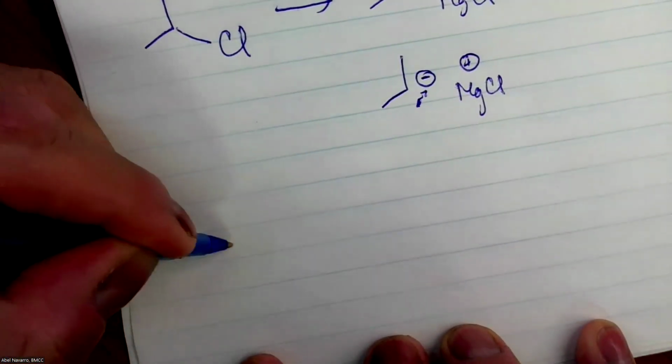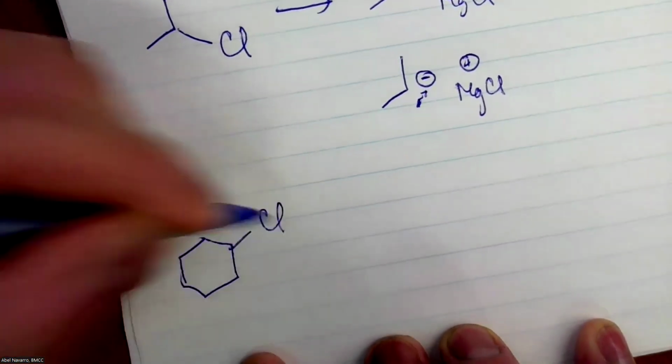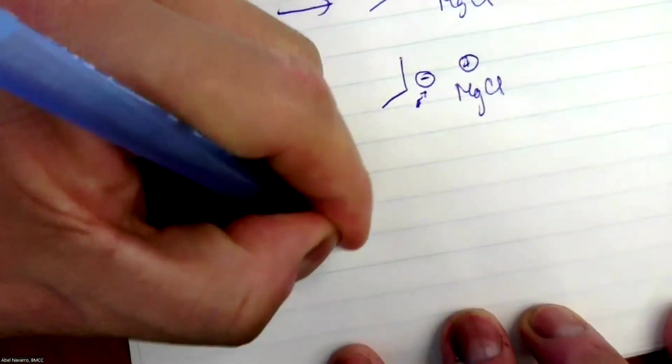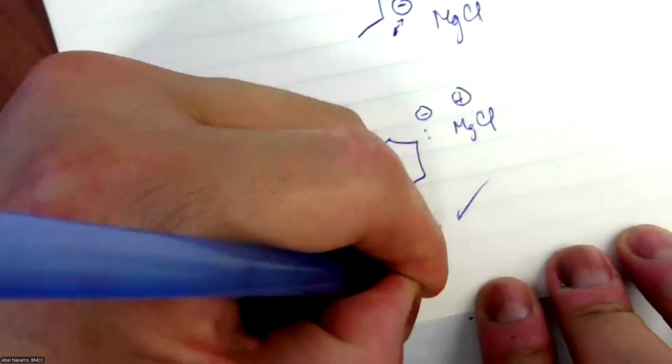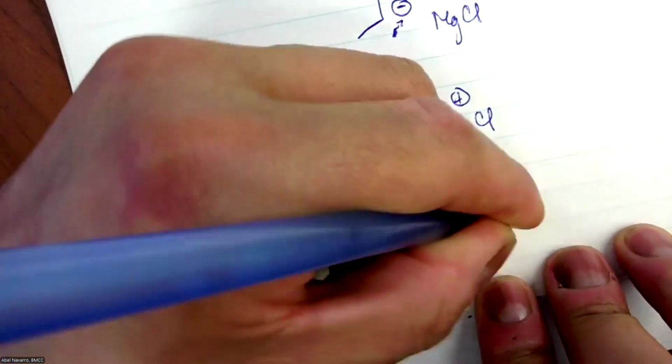It's a carbanion. If you are making cyclohexyl chloride with Mg, what this really means is a minus there and MgCl. It's a C minus. It's a very good base and also a very good nucleophile.